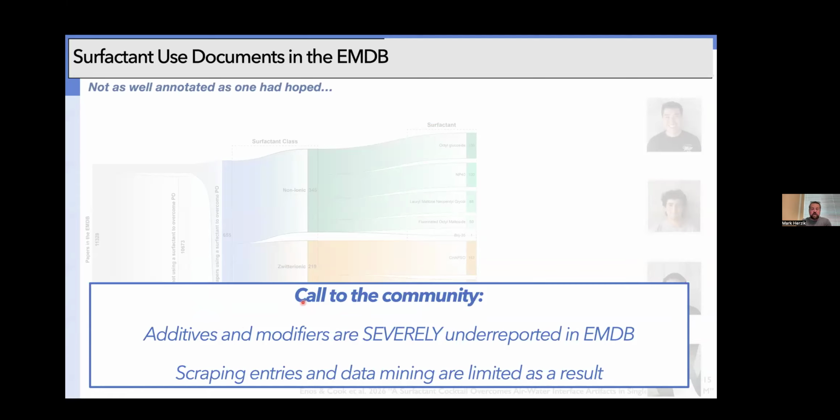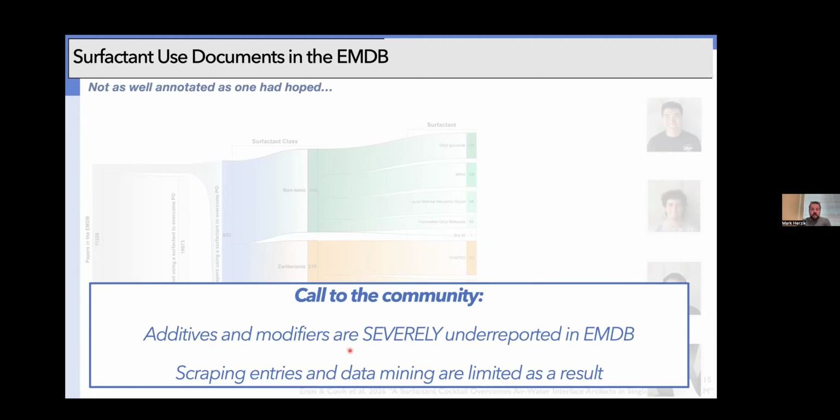The reason I had to employ a team of three undergrads and an AI is because scraping this type of information from the EMDB and even manuscripts for that matter was very time consuming and laborious. And so I hope with this call that people can feel free to put as much information as you can, so that way we can approach this with more of a design and less stochasticity, right?